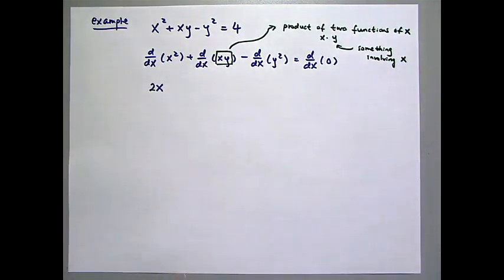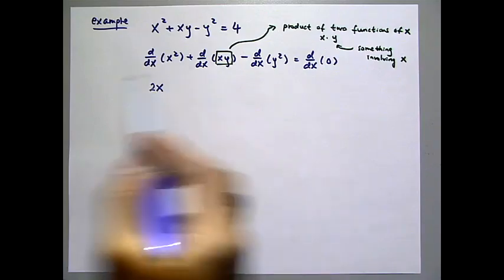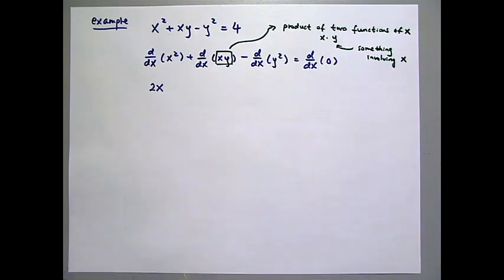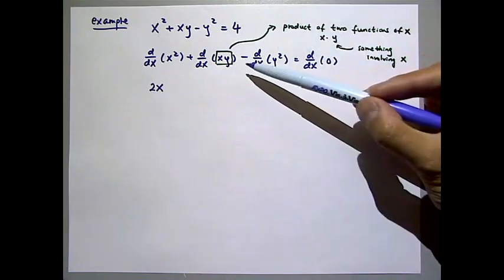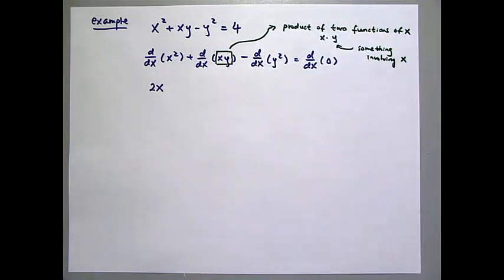We don't know exactly what it looks like, but we still know fundamentally it's some function of x. So when I take the derivative here, I have a product of two functions involving x. I must use the product rule.